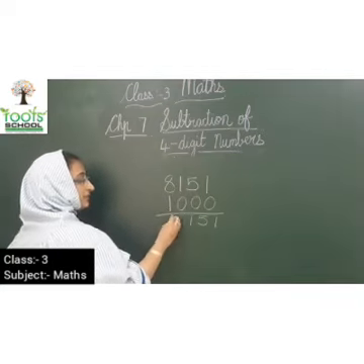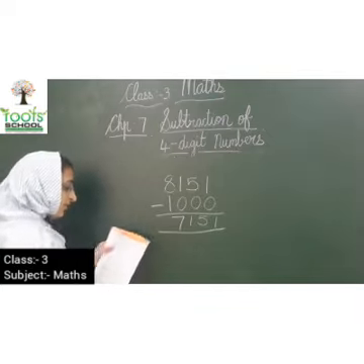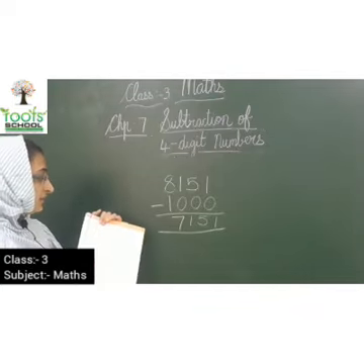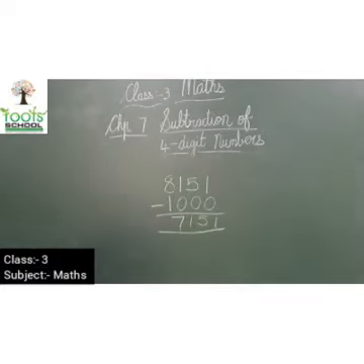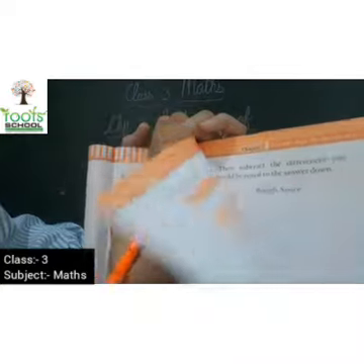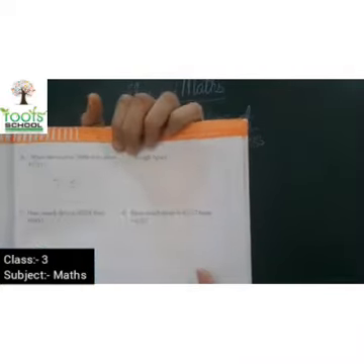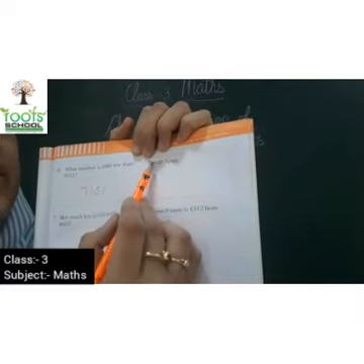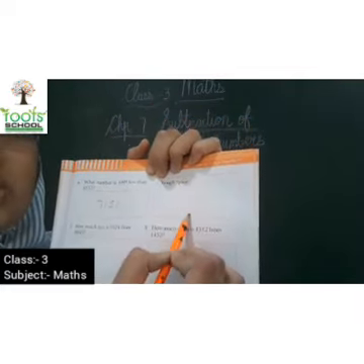What is 8 minus 1? It is 7. So what is your answer, kids? Your answer is 7151. So what are you going to write here? 7151. Okay. And here in the rough space you are going to do the sum. You are going to solve it.